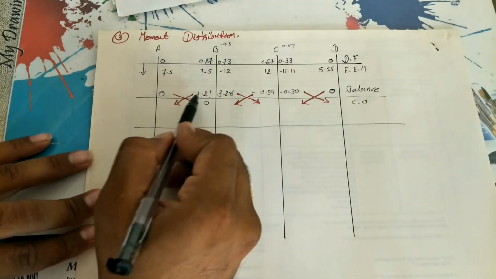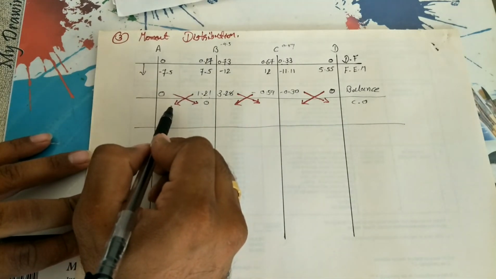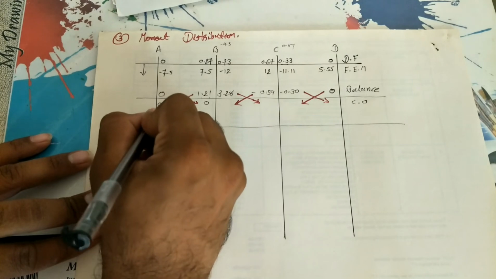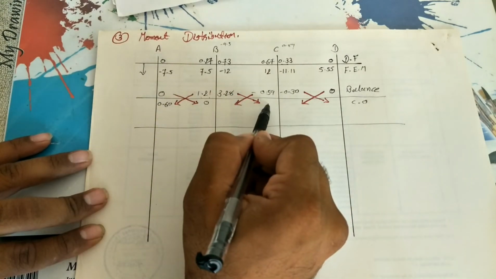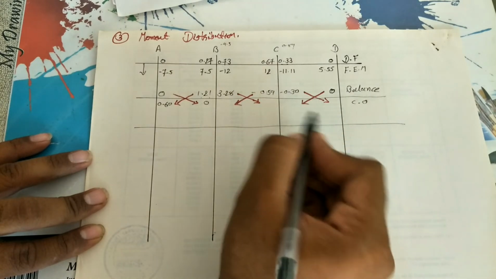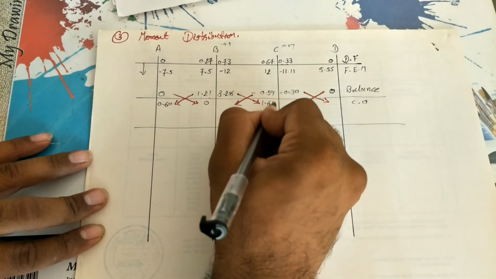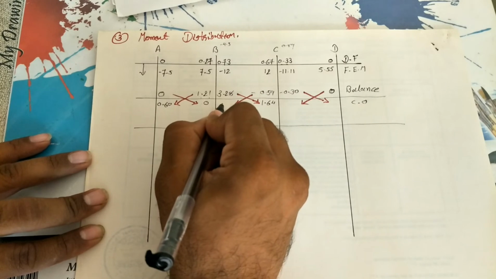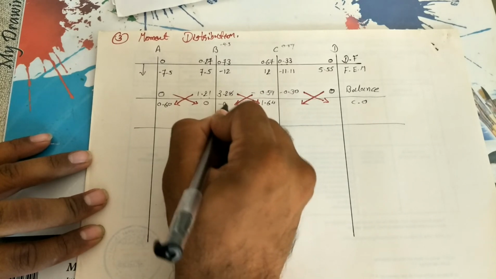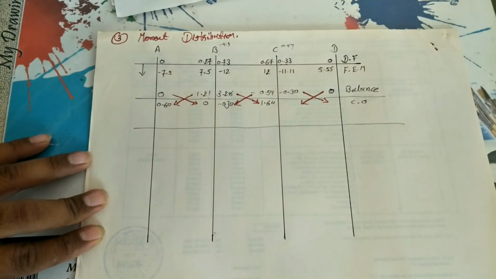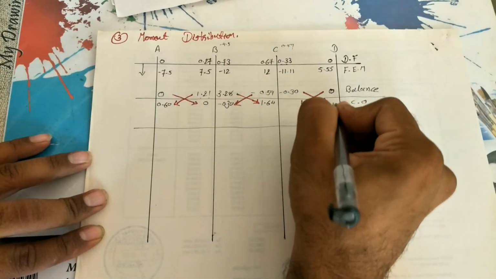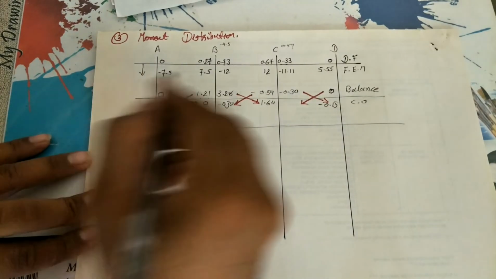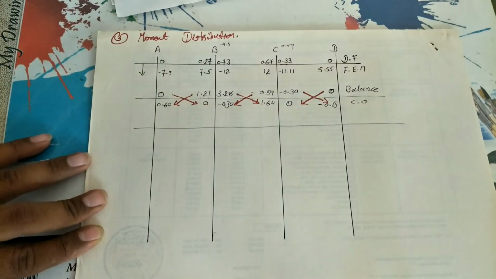Again, 1.21 divided by 2 is 0.60, and 3.28 divided by 2, the carryover half value, is 1.64. 0.59 divided by 2 is minus 0.30, and 0.30 again is 0.15 but a minus value, and here this is the same as 0 value.